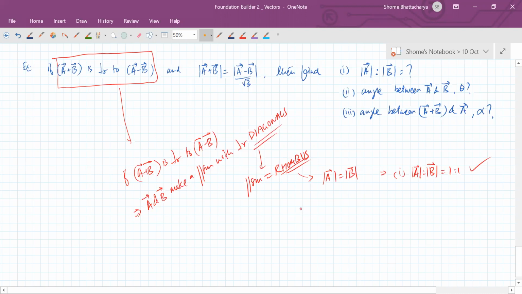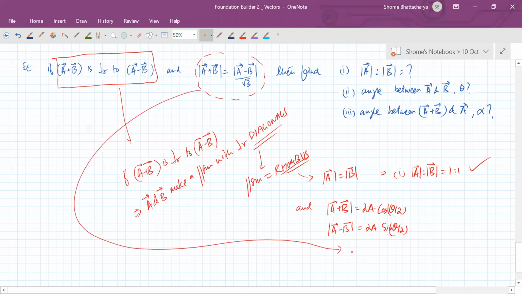Okay, now this statement which is given, let's interpret this here. What this is telling us is that 2a cos theta by 2 is 1 by root 3 times 2a sin theta by 2.